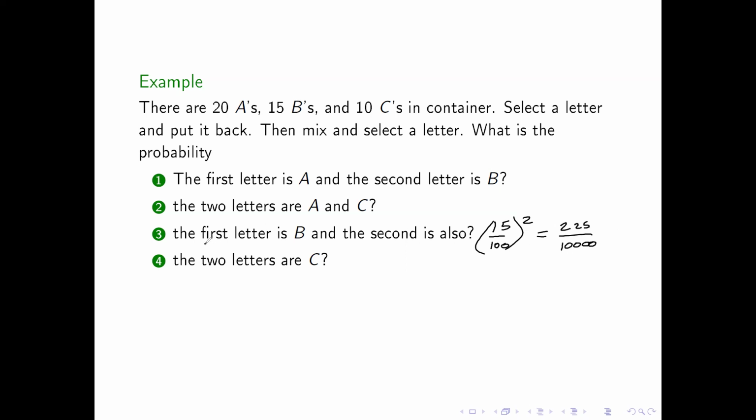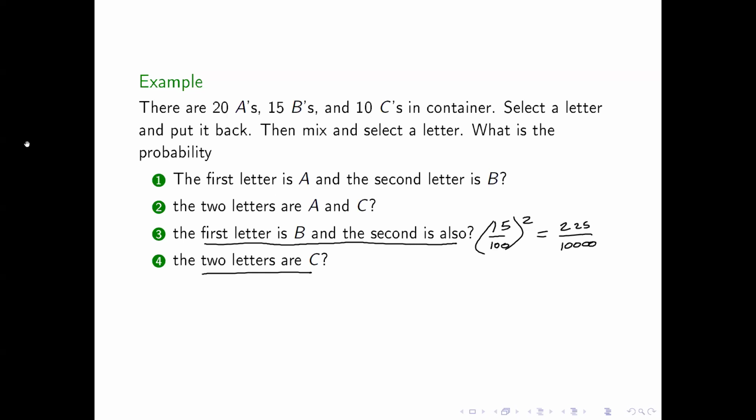And so the first letter is B and the second letter is also B. It's the same thing as the last one, where the 2 letters are both C, because the ordering doesn't really matter. It's still the same situation. So when the letters are different, as in problem 2, we have to multiply by 2.